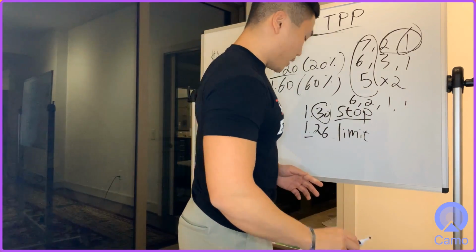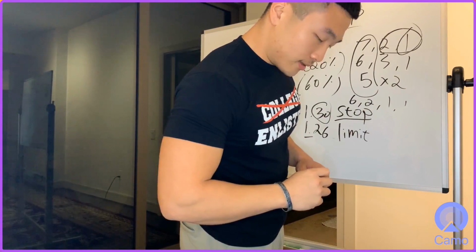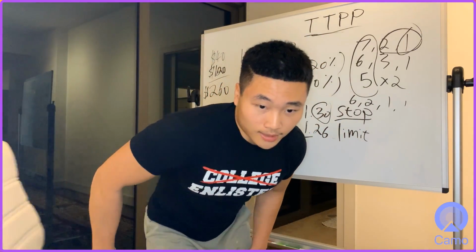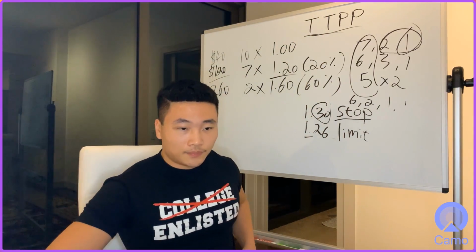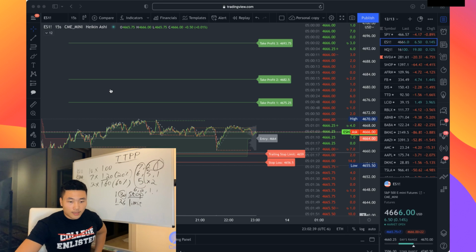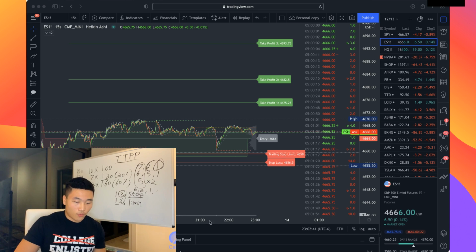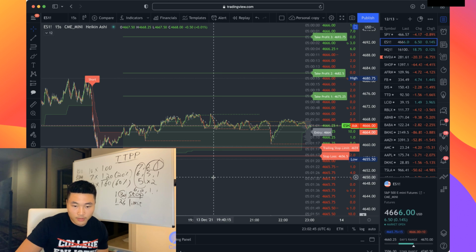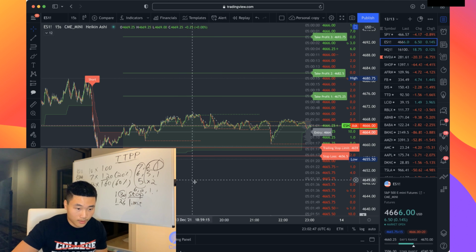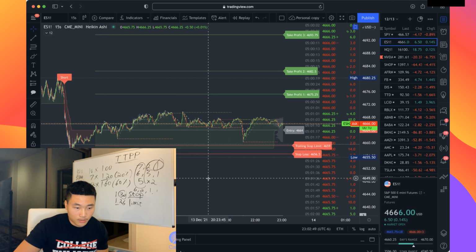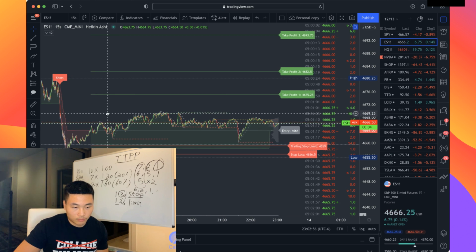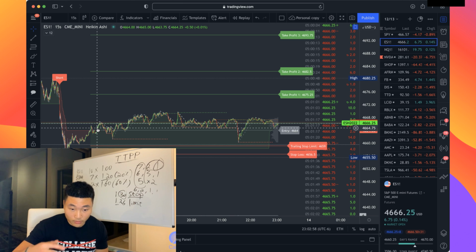Now we're gonna take a look at the chart of how it could play out. Okay, so for example, ES, so S&P, same thing. So let's say here is where you long or calls.